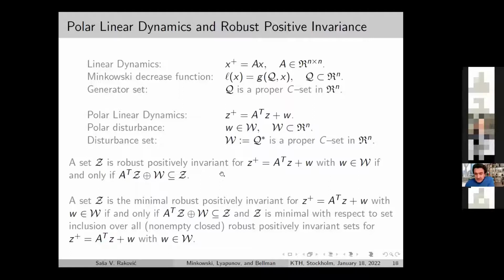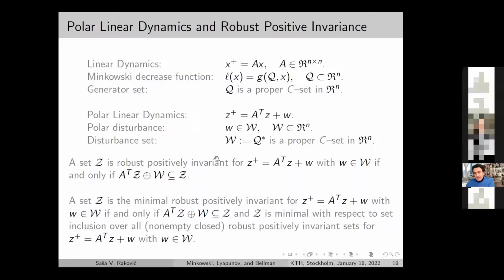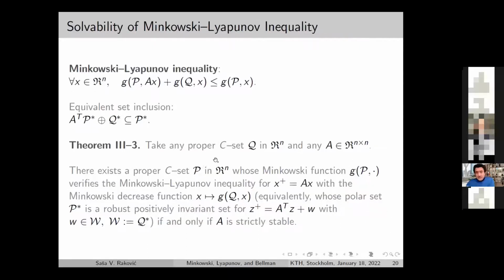Now, as I already said, Minkowski-Lyapunov equation is equivalent to this set inclusion. So in terms of the robust positive invariance, we can recast our fundamental property by the following statement.